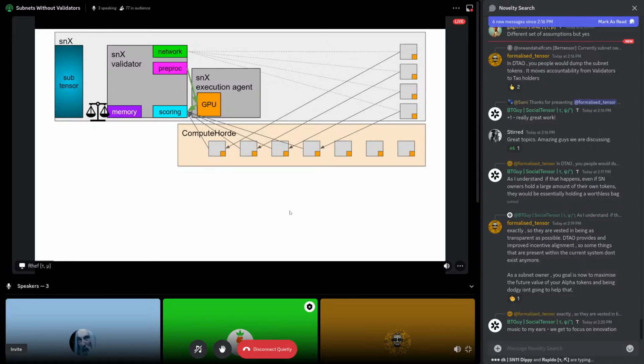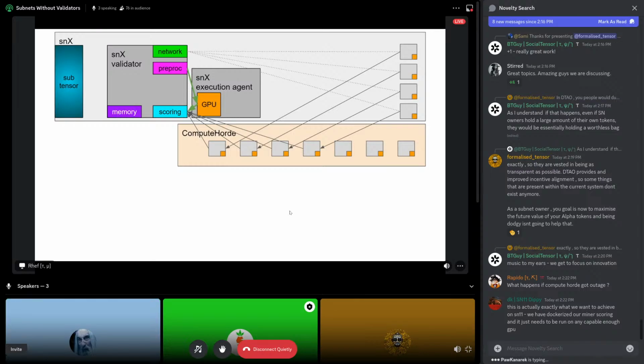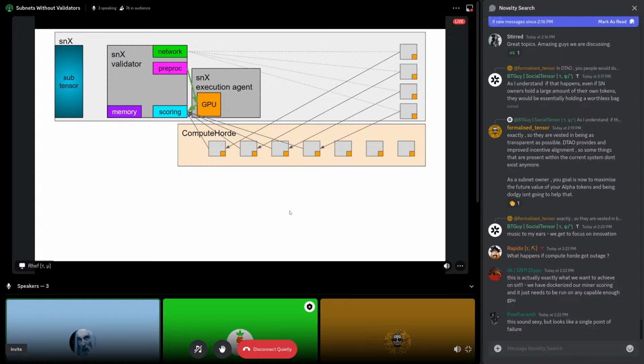However, from memory to subtensor. However, sometimes the same data that got evaluated on compute hoard will also be evaluated on the trusted local execution agent. That is the hardware run by the same validator. So let's say it's 3%.